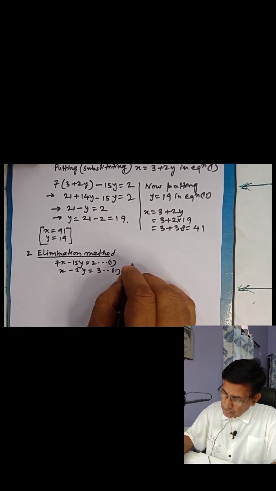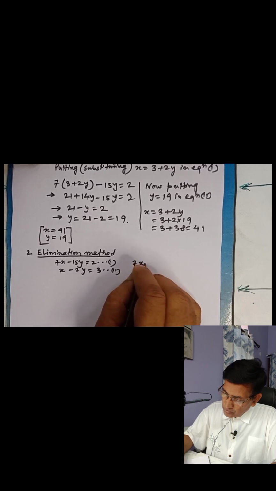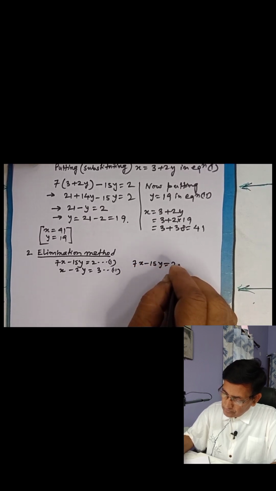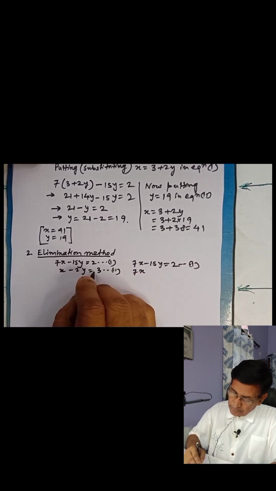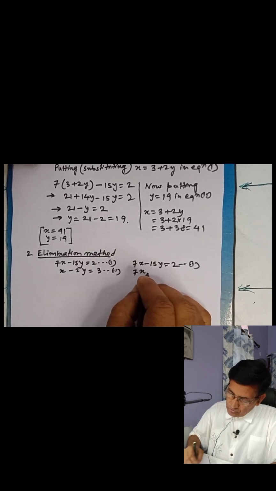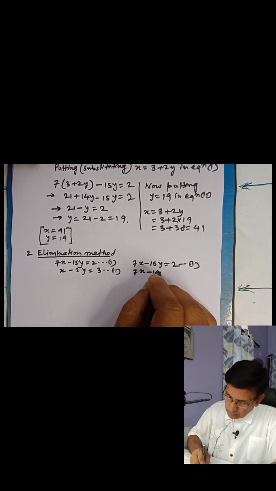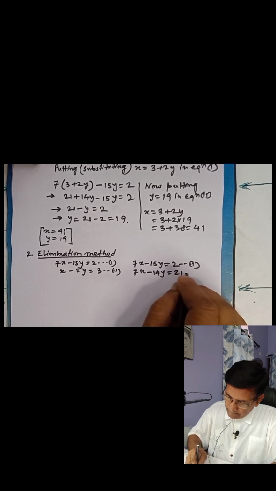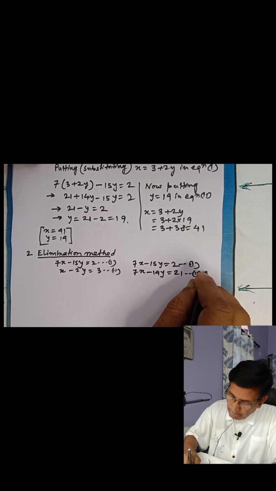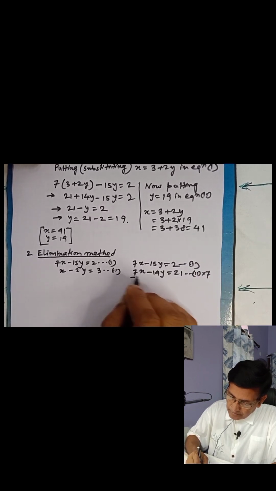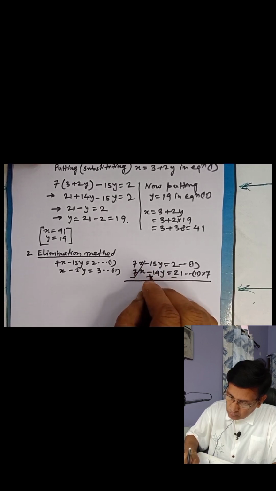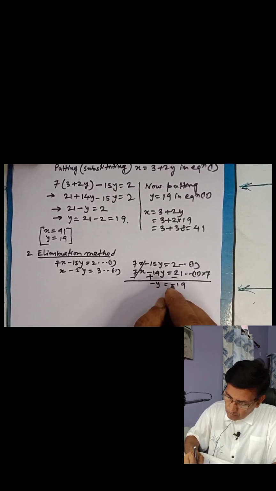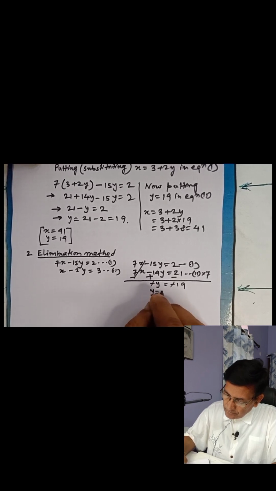Here, multiply the second equation on both sides by 7: 7x minus 14y is equal to 21. This is 3 into 7. Subtracting, 7x will be cancelled. Minus y is equal to minus 19. We cancel the minus. Then y is equal to 19.